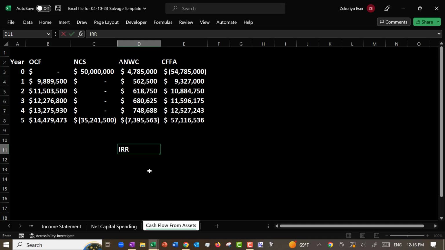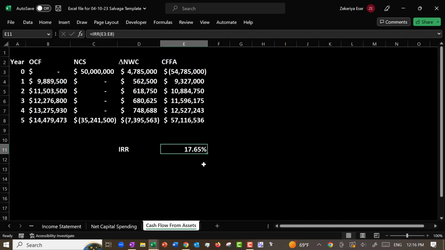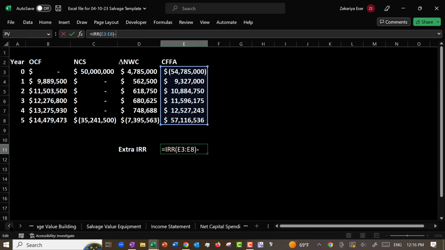So if I can calculate IRR, which is IRR of all the cash flows. If you remember from your, let's call this extra IRR, and from the IRR I'm going to deduct cost of capital.